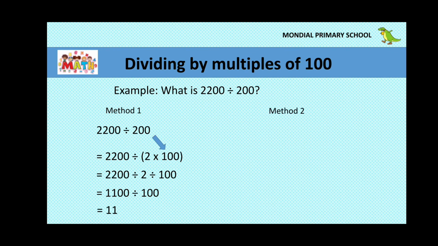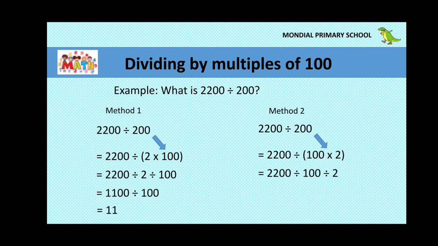Using the second method, first we divide it by 100 and after that we divide it by 2. What is 2200 divided by 100?